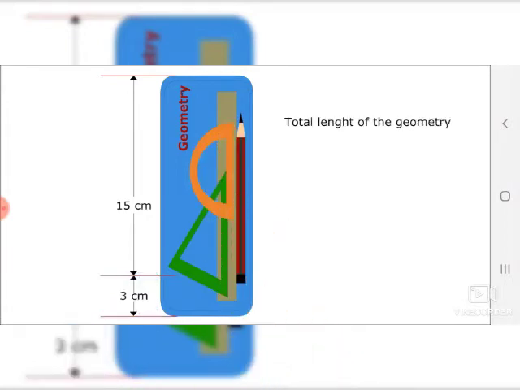So what is the total length of this box?" Sid replies, "It is 15 centimeters plus 3 centimeters, which is equal to 18 centimeters." Mother Ria says, "Absolutely correct. So its total length is 18 centimeters."